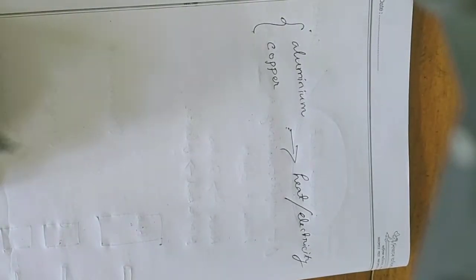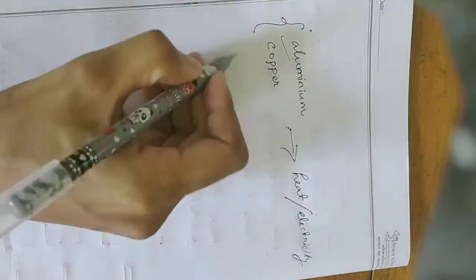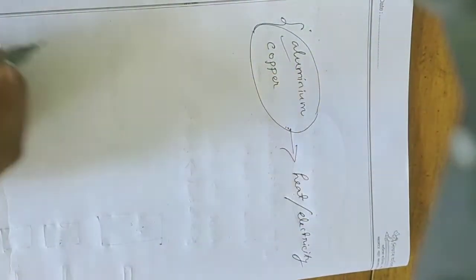So this is why you have seen that the utensils that you use to cook in your kitchen, or your mom or dad used to cook in your kitchen, are made up of aluminum or copper. Then your electric appliances are made up of aluminum and copper.